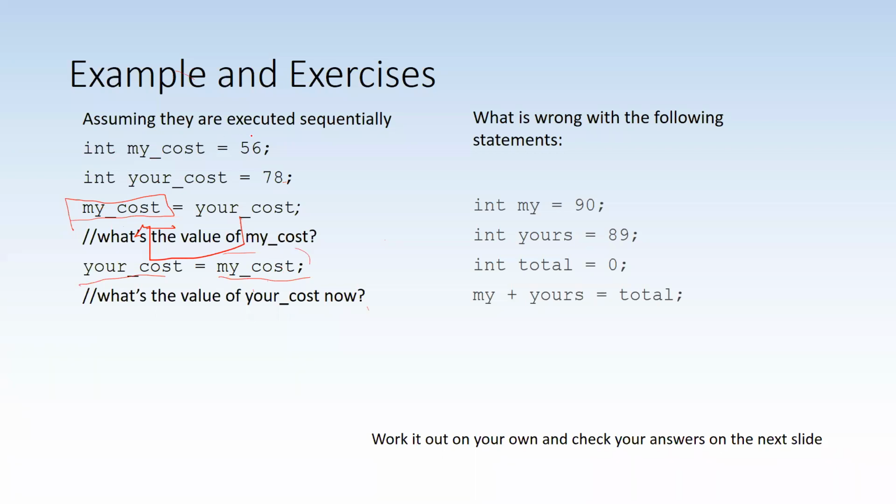So these are executed sequentially. So my cost now, with this statement, has the value of 78. So here you're putting 78 into your cost. Basically, it just replaces the same value, right? It has 78, but now this is an assignment.